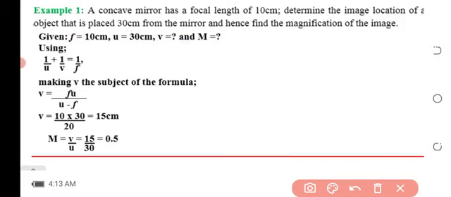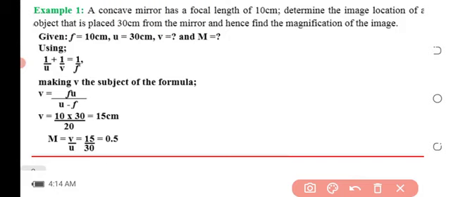Now we have all our given parameters already written here, so let's see how we can solve the problem using the mirror formula. We are looking for v, which is the image distance, so we make v the subject of the formula, and that gives us this particular one. You can as well substitute the values given into the formula and find your LCM, and you arrive at your answer.